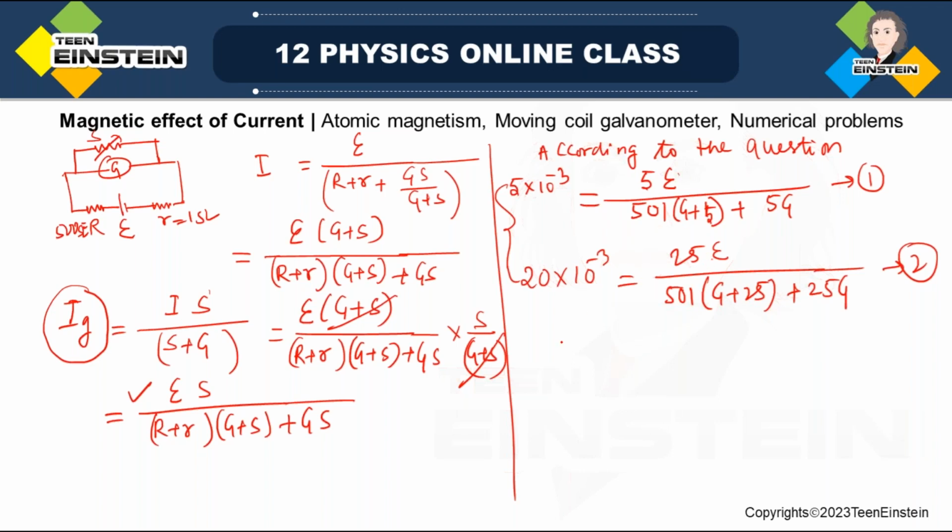So the only thing we will be able to find out from here is G. So G could be found out: 88.2 ohm. This is the first thing we have to calculate here.